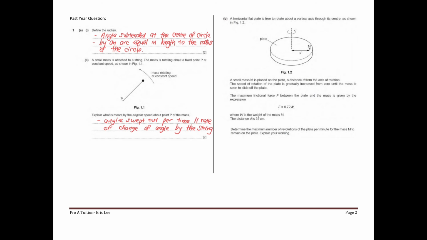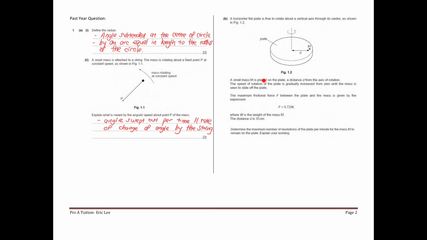Okay, now let's look at part B. A horizontal flat plate is free to rotate about a vertical axis through its center as shown in figure 1.2. So you can see here, this is a horizontal flat plate which is rotating. A small mass M is placed on the plate. This is the mass, a distance d from the axis of rotation. So basically the distance d is the radius.